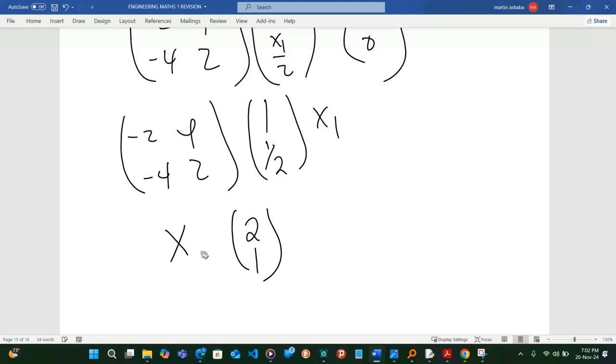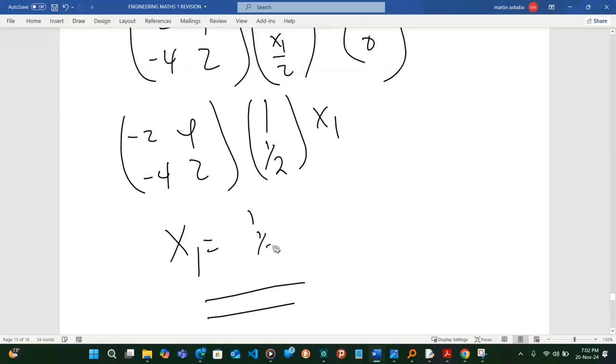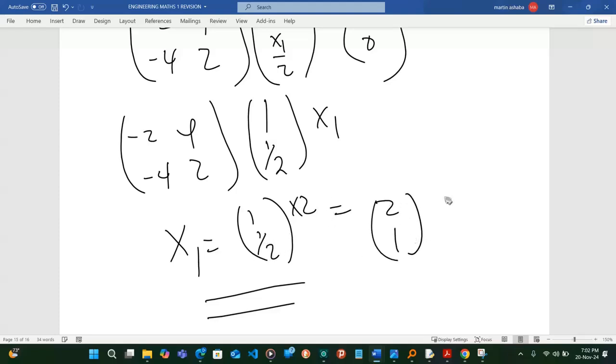In other words, this is what I have done. To remove the fraction, I have said get 1 and 1 half, you multiply by 2, so this becomes 2, and 1 half becomes 1.